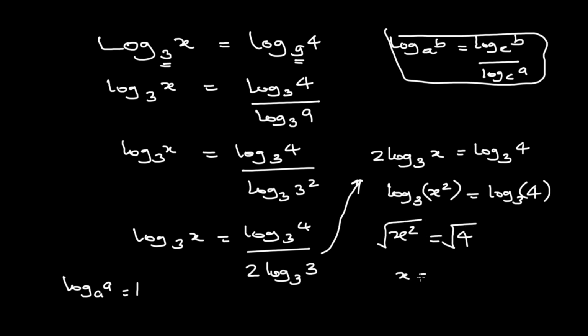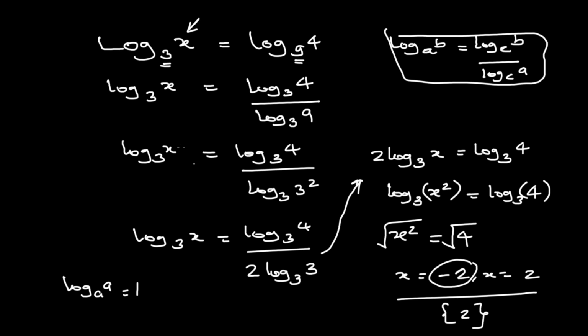So we have x is equal to minus 2 and x is equal to 2. Okay, but you'll have to check to see whether this works, because if I brought it here, it will not work. So your solution set now becomes just 2, because negative will not work here.